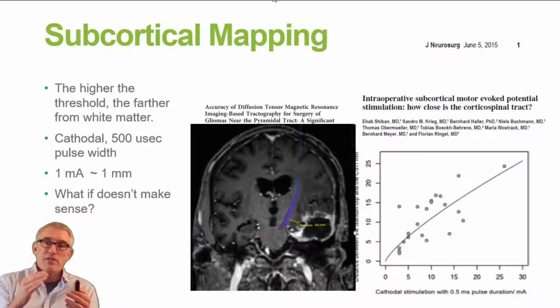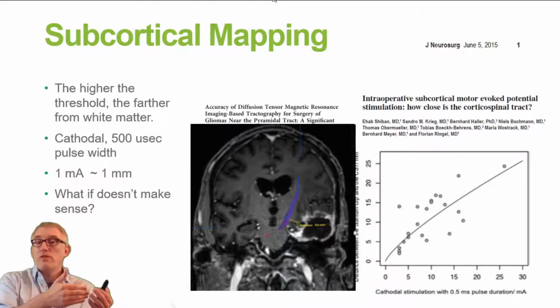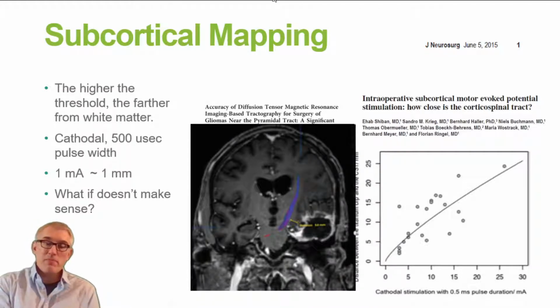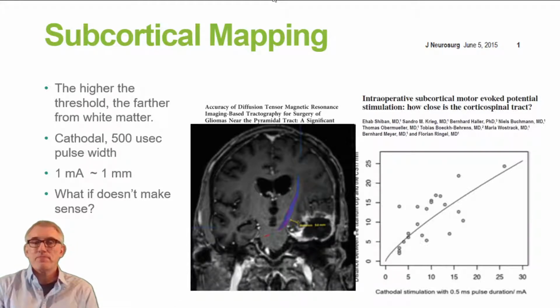But if you start obtaining responses at, say, 10 milliamps, then you're much closer, 10 millimeters away. And when the threshold is as low as 3 to 5 milliamps, then you are less than 5 millimeters away from the corticospinal fibers, and further resection is likely to start damaging those fibers.